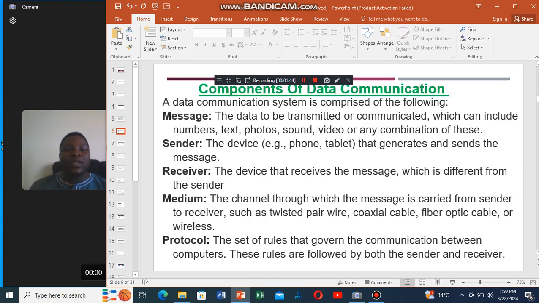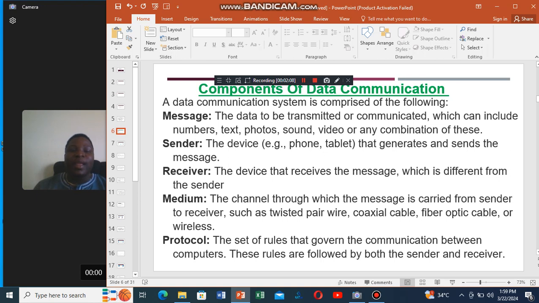So let's look at the components of data communication. A data communication system comprises the following: the message, the sender, the receiver, the medium, and the protocol. These five things come together to form the components of data communication. Now let's look at them in brief.